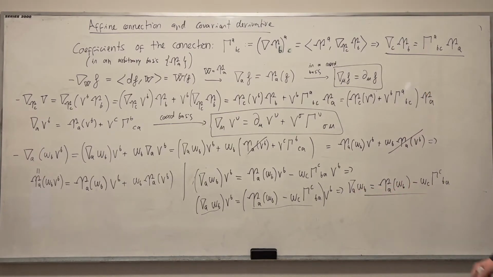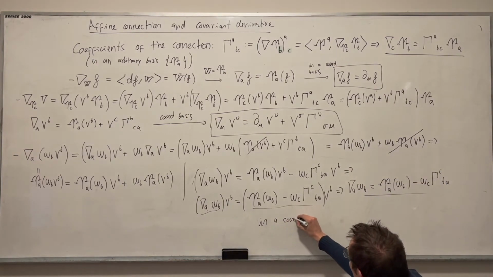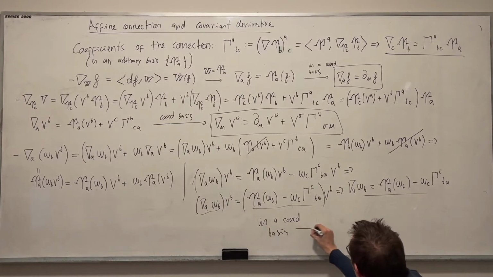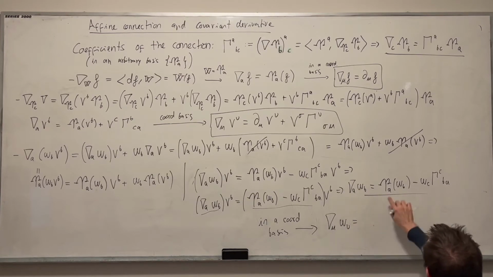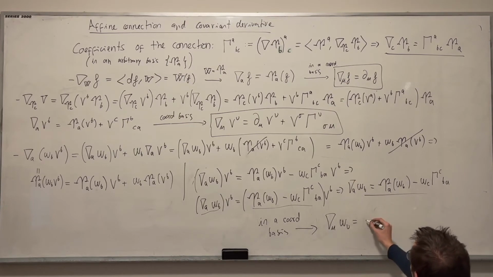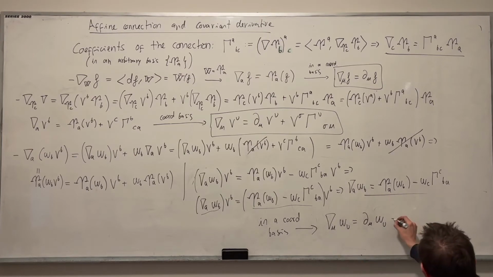And now I can do it in a coordinate basis, and in a coordinate basis, again as before, let me just call it mu and nu, nabla mu omega nu is equal to, then of course the action of epsilon mu, but you know that that's a partial derivative when it's a coordinate basis, so it will be partial derivative with respect to mu of omega nu minus omega sigma gamma sigma, and then B was the nu and A was the mu.